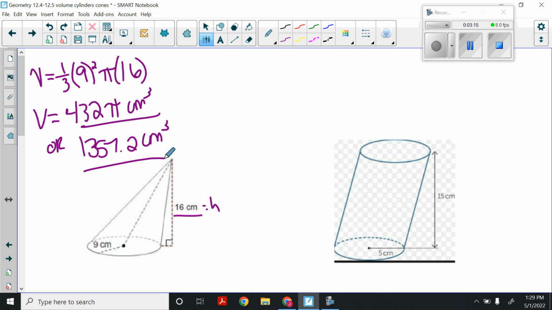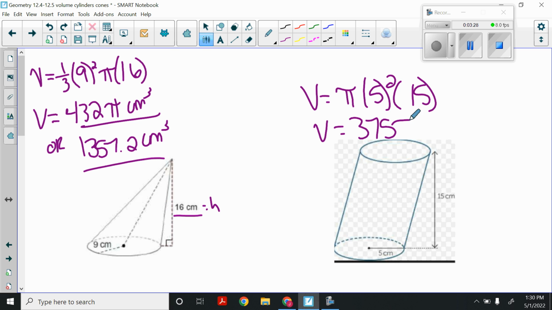The next one, again, it's a cylinder. It's just oblique, but I have my radius and I have my height. So the volume is pi times my radius, 5 squared, times the height, 15. So my volume is 375 pi cubic centimeters, or multiply that through to get 1,178.1 cubic centimeters.